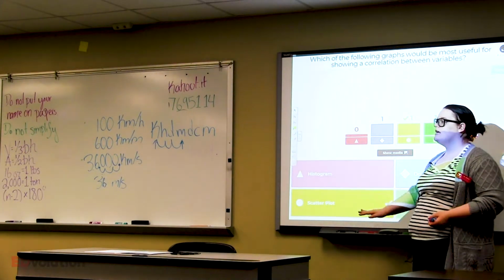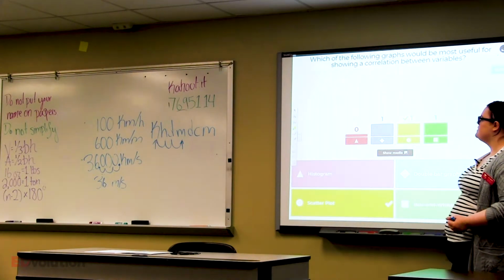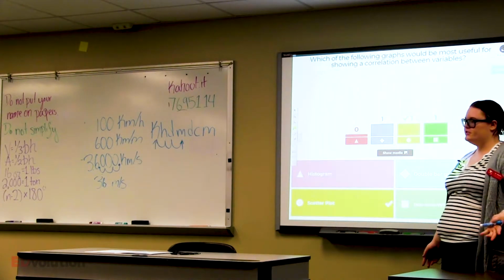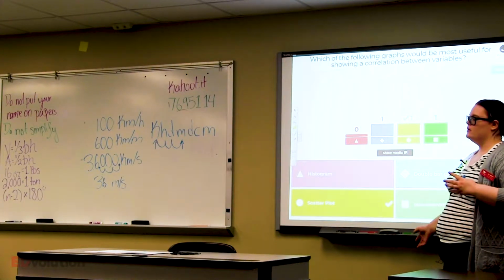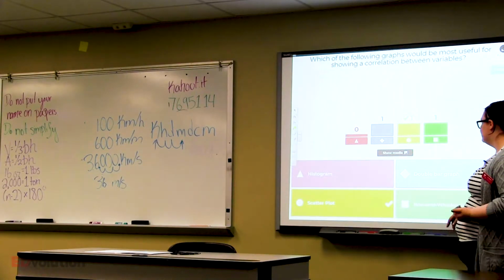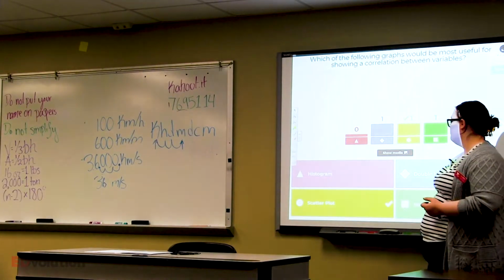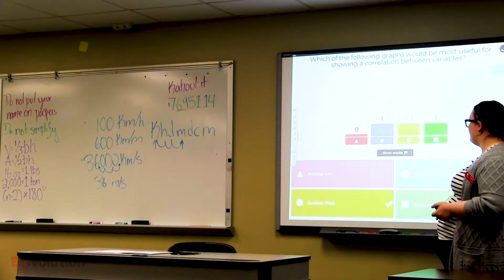Histogram usually only tells one variable, so you might have test scores or attitude scales or any kind of one variable data. The same thing goes for a box and whisker plot. So then we're left with a scatter plot and a double bar graph.